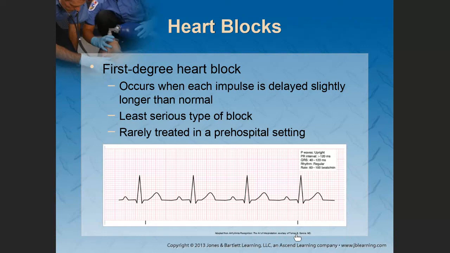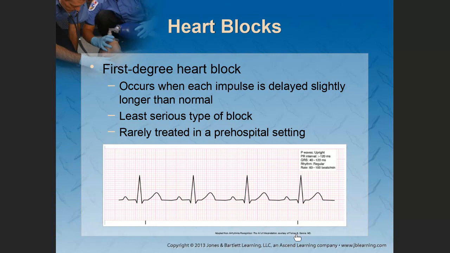Nobody wrote that one down. All right. So you see a rhythm change with good morphology, and the patient has a pulse. The patient doesn't have a pulse.